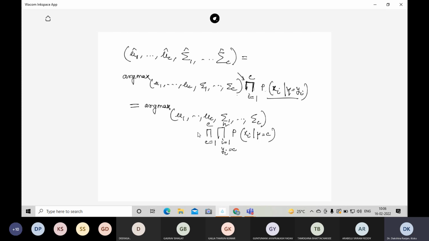So here we get C number of classes, and we have n number of examples. Now this product is estimated over this likelihood for n number of data points.